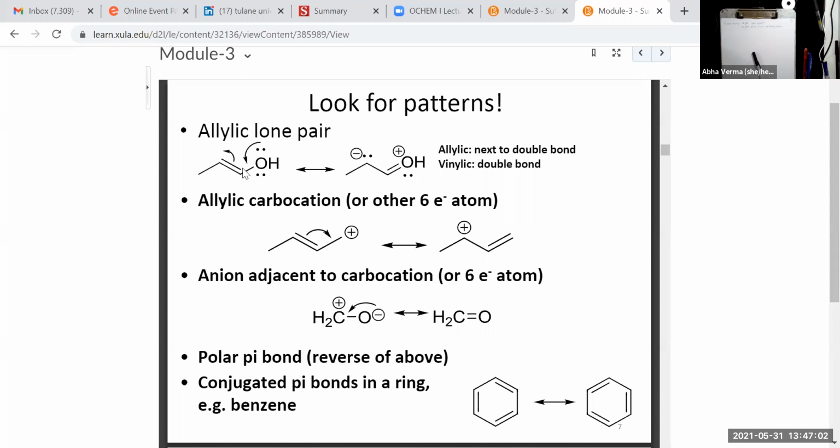An allylic system consists of 2 carbons who have the double bond and a third atom. This third atom is known as the allylic site. Allylic is the atom next to the double bond. Vinylic is on the double bond itself.